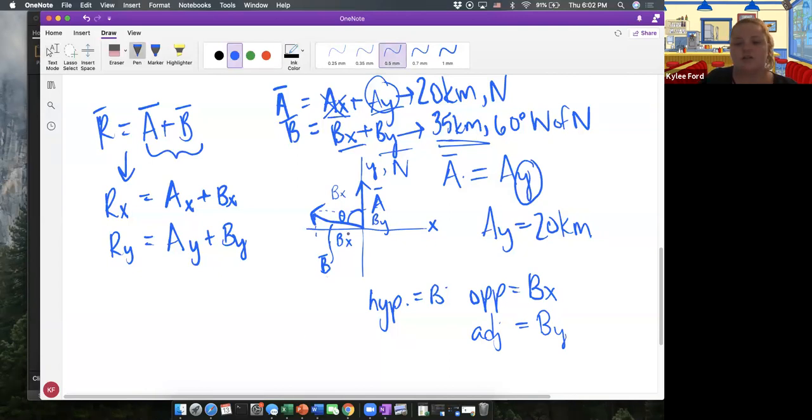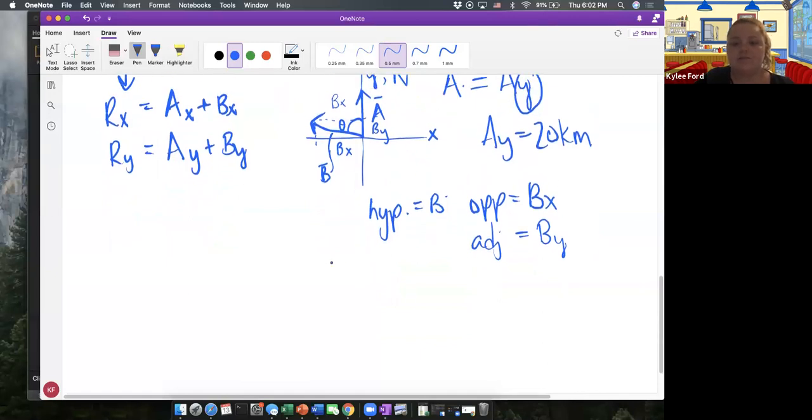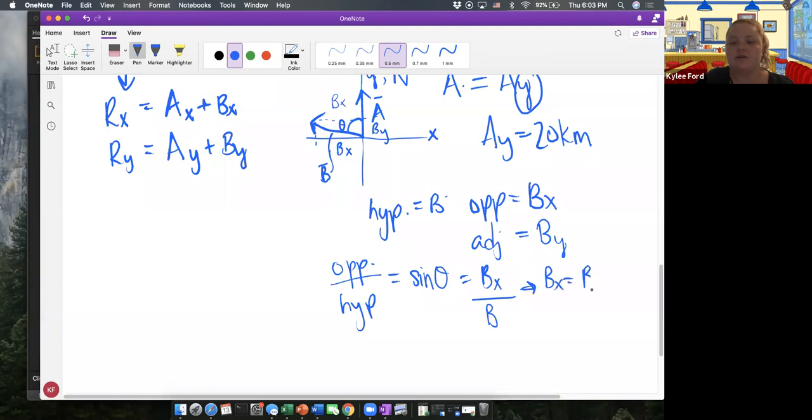So to solve for these, I'm going to say opposite over hypotenuse. Which identity is that? SOH, so that's going to be sine of theta. And so that's going to be my opposite, which is BX, over B, which is my hypotenuse. Again, I can solve for BX like we have before.